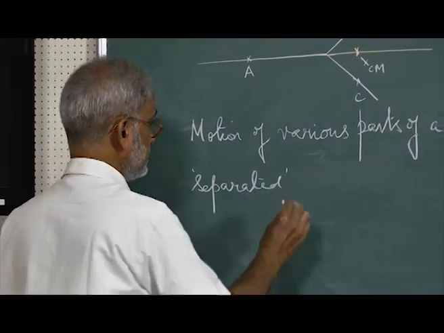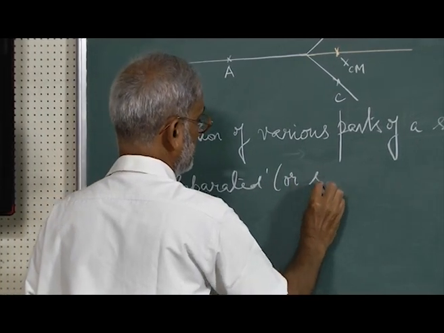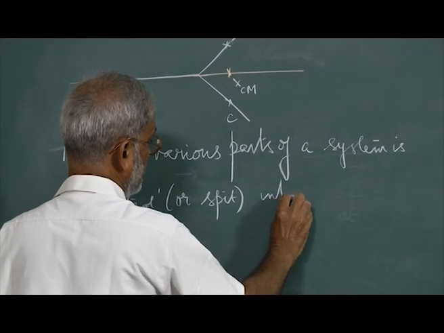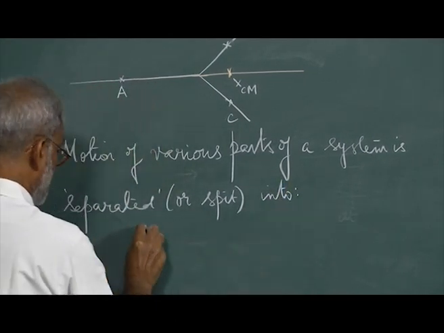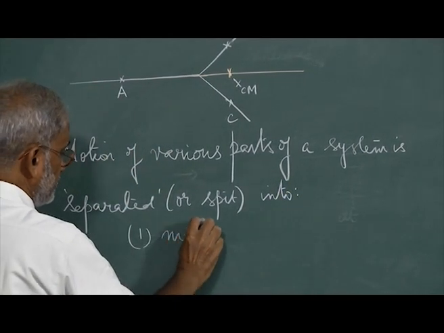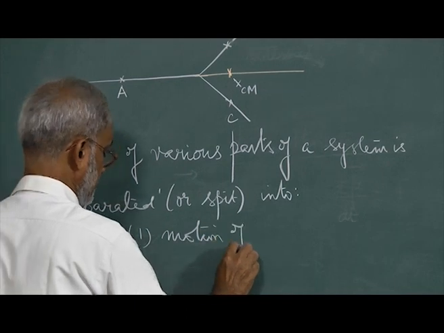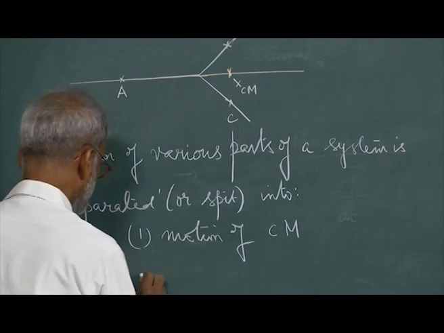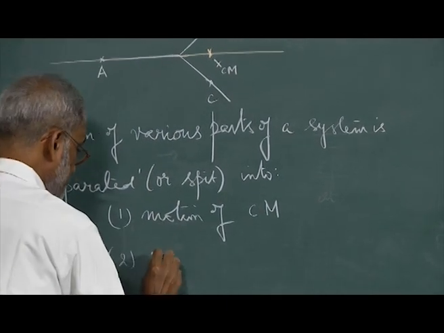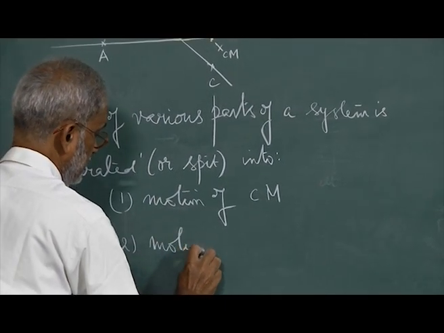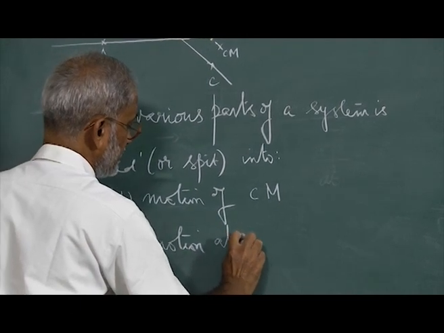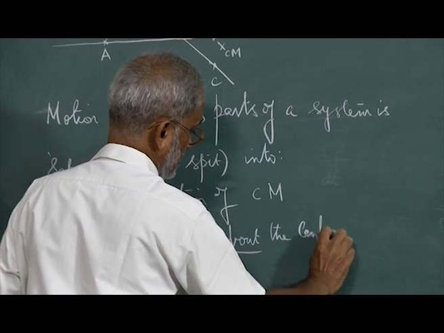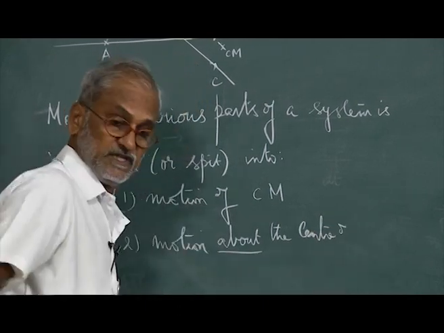The motion of a system is split into one, the motion of the center of mass, and two, motion about the center of mass.